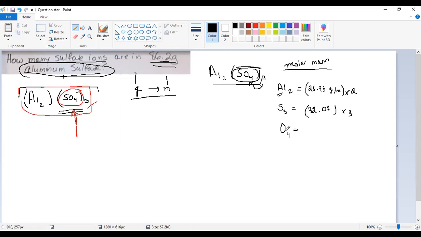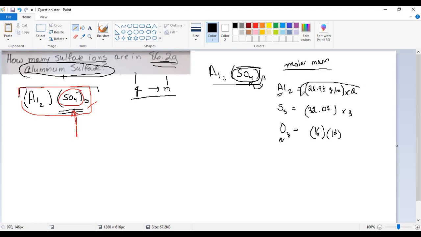So you would have 12 in total if you had 3 SO4s. The atomic mass of oxygen is 16, so 16 times 12 would give you the molar mass of oxygen.